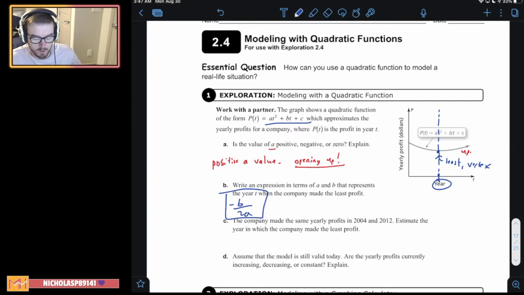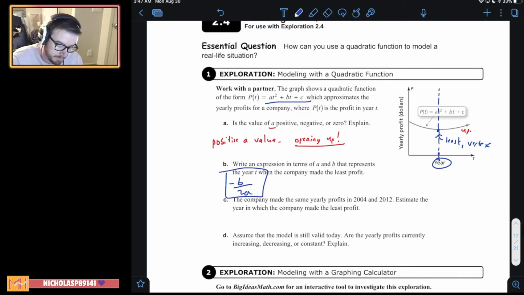So that is the year that the least amount of profit occurred. Don't worry about the numbers. We don't have a, b, or c, but just realize that the axis of symmetry right there at the very bottom is where the year occurs when we don't have as much money.